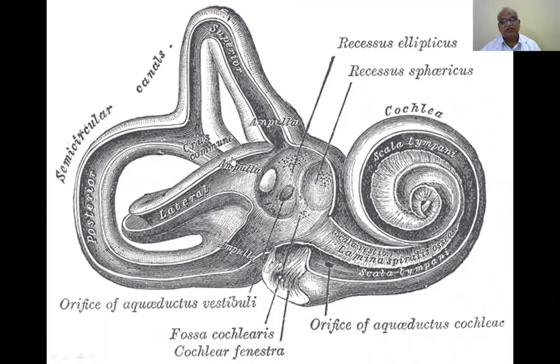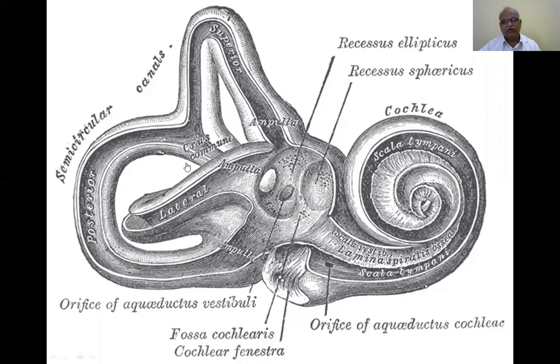So the three semicircular canals are arranged at right angles to each other and open into the posterior wall of the vestibule. The superior is at right angles to the axis of the vestibule, this is in line with the axis of the vestibule, and this is perpendicular to the axis of the vestibule. Whereas the anterior, posterior and lateral canals are at right angles to each other.